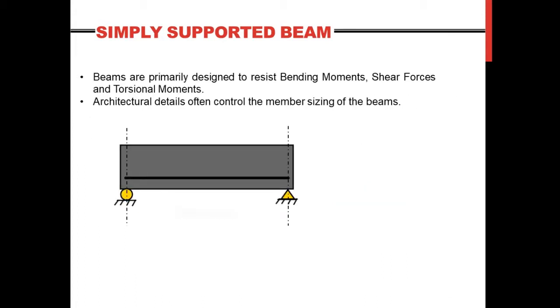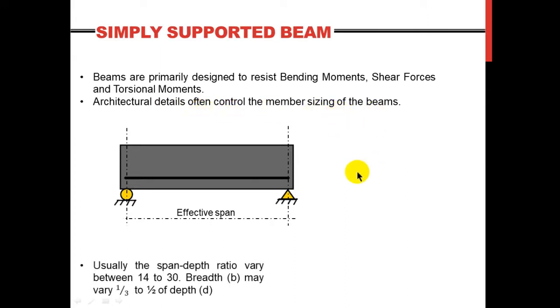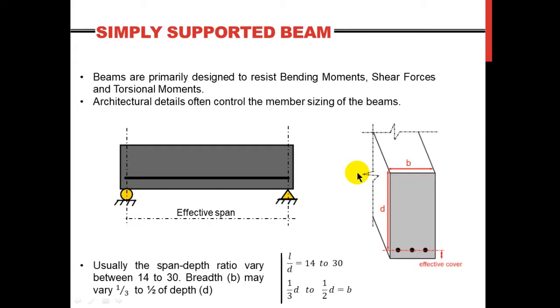Now we are designing a beam mainly to resist bending moments, shear forces, and torsional moments. We know that the architectural details often control the member sizing, okay? And usually when you are designing a beam, you'll be given the effective span, the loads on this beam, and the materials that are being used for this design.